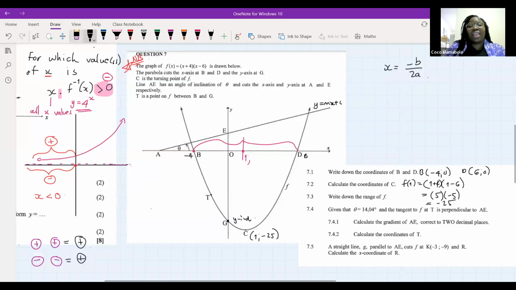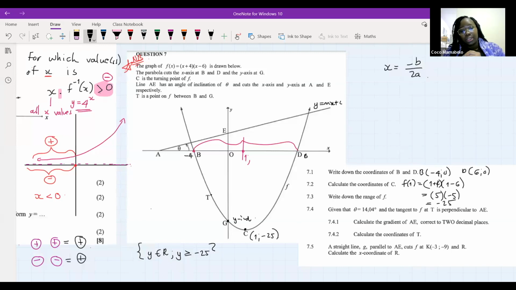All right. Write down the range of f. I remember one of you guys asking me about the question on domain and range. Now, because this is a parabola, we cannot exclude the turning point. The turning point is part of the graph. So when we write interval notation, we're going to include the square brackets. I can write it this way: curly brackets, y is an element of real numbers, where y is greater than or equal to negative 25.